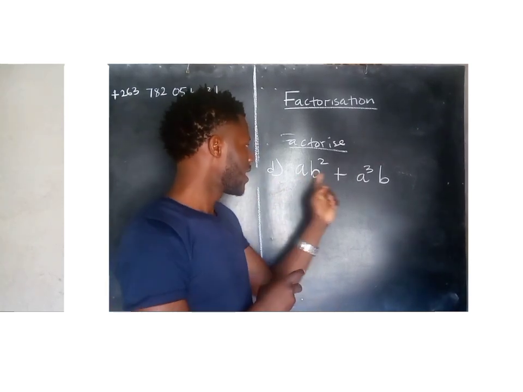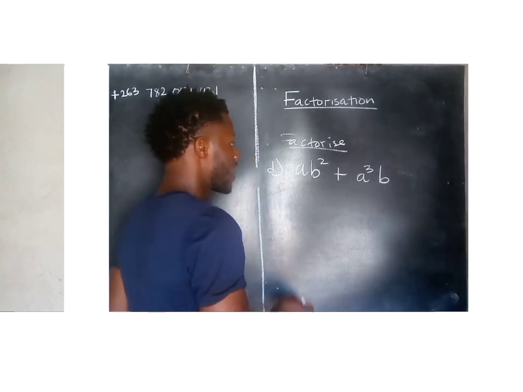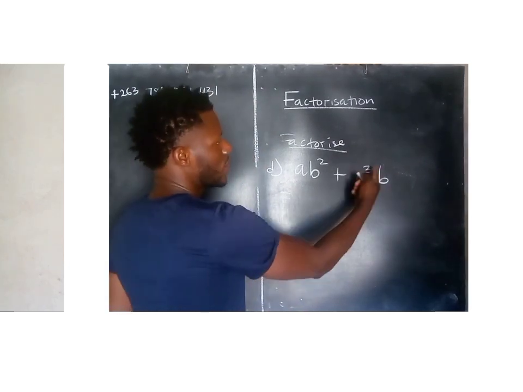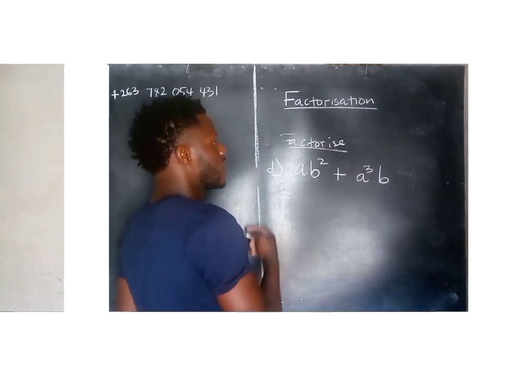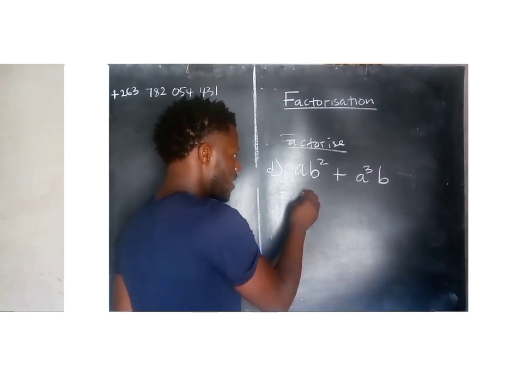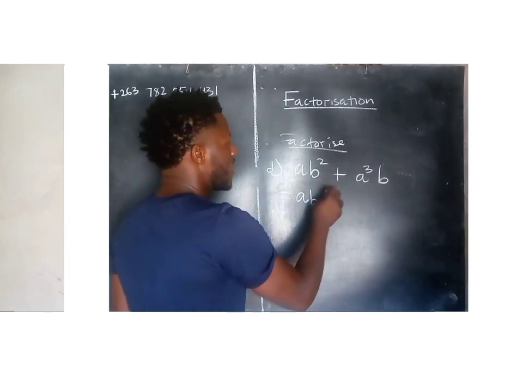For instance, both A and B are common, but in this case, we are not going to consider A to the power 3 as a factor. A to the power 3 cannot divide into A to the power 1. So we do better to take the smallest power, A. Among the B factors, we take the smaller power, B, like this.